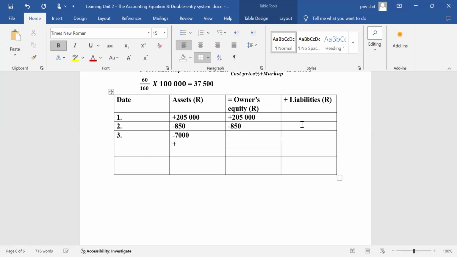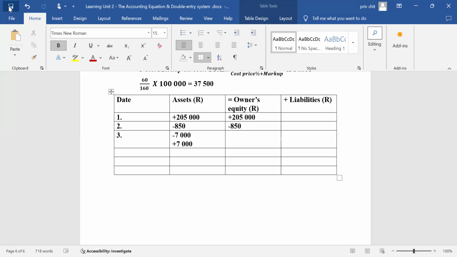So that's why you see a minus 7,000 under the assets column, and also a plus 7,000 under the same column. The minus 7,000 is for money going out to pay for the trading inventory, and the plus 7,000 is for the inventory coming into the business that we bought in cash. Making sense now? Yes, making sense.